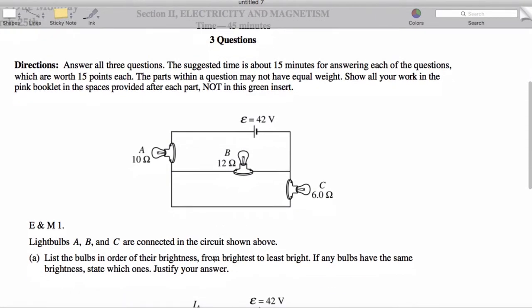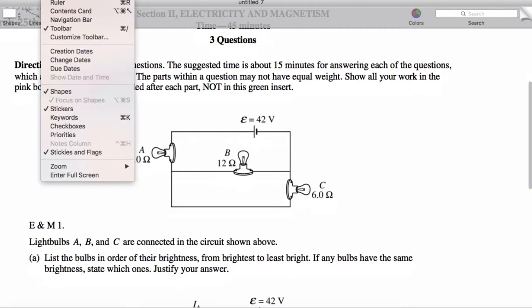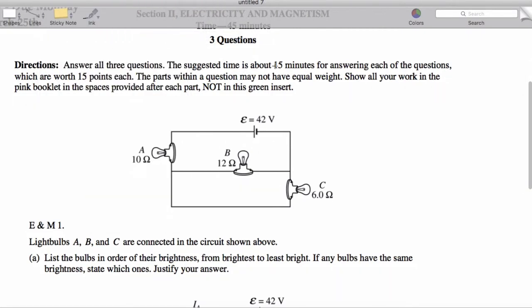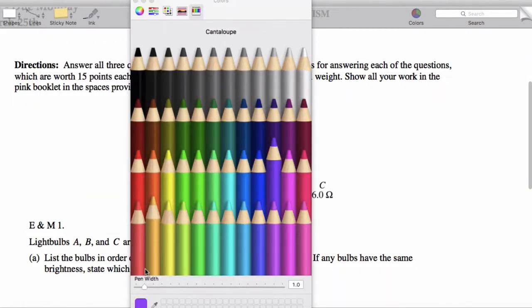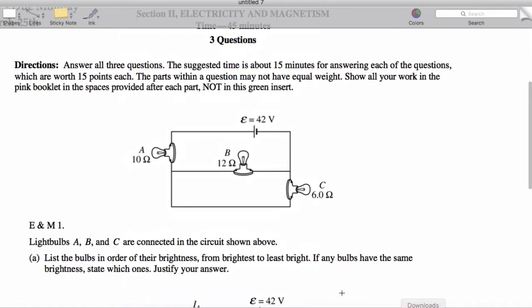This is kind of new information, so this is one of those things where I'm covering a small topic in a problem that I just didn't have time to do in lecture. Whenever you see the word brightest in an electric circuit problem, brightest relates to power.